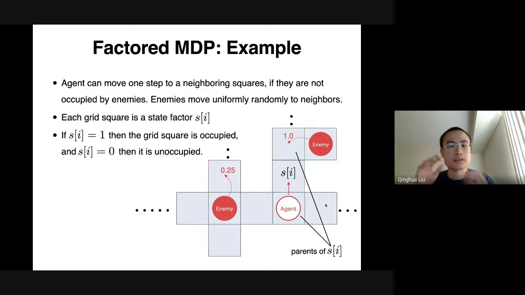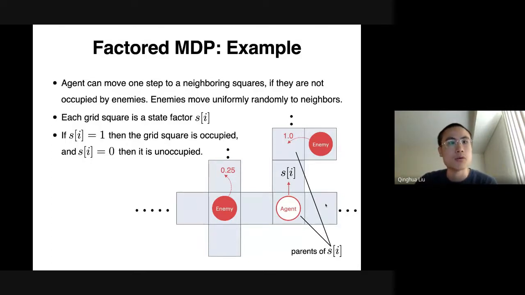So we can view this grid world as a factored MDP. Each square corresponds to a factor, and we can use the value of each factor to represent whether it's occupied by an enemy or by the agent or just empty.